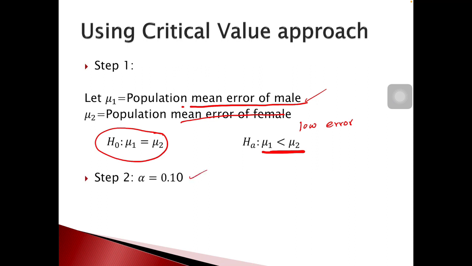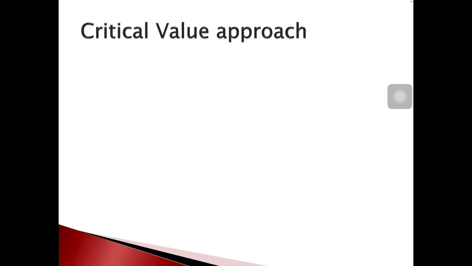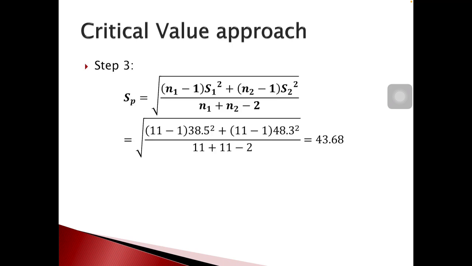Step 2: what is alpha? 0.1. Now we can calculate. First, we don't know what sigma is, so we have to use the pooled standard deviation. Use the formula I showed you a few slides back. You know N1, you know N2, S1 and S2 are given.